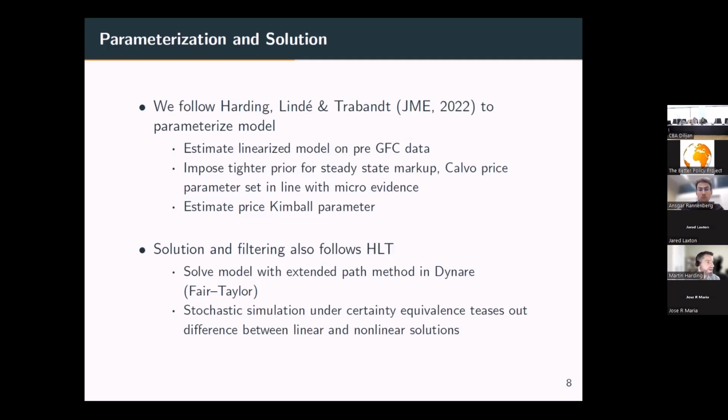It's a very similar approach to, for example, what Guerrieri and Iacoviello do in their JME paper. I don't know if you're familiar with their filtering, they call it an inversion filter, where you try to invert the model to back out the shocks that make the model equal to the data for the observable variables.